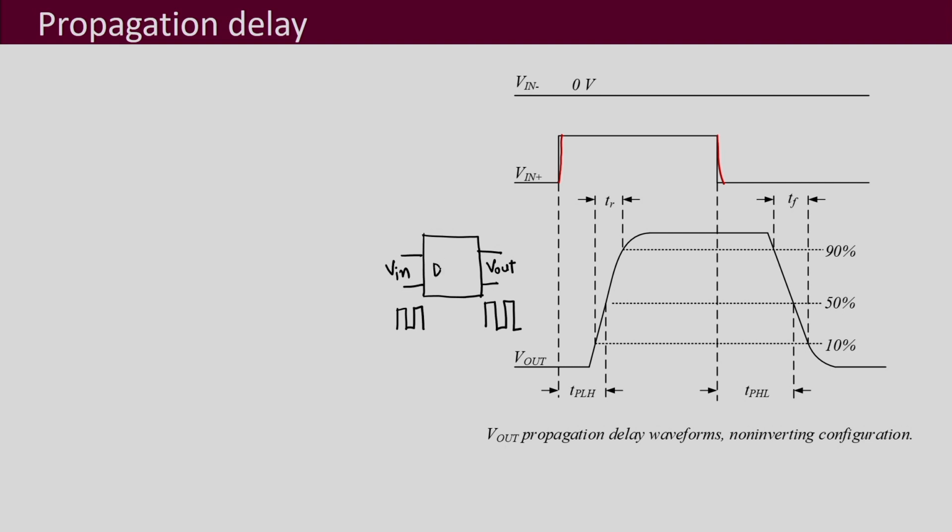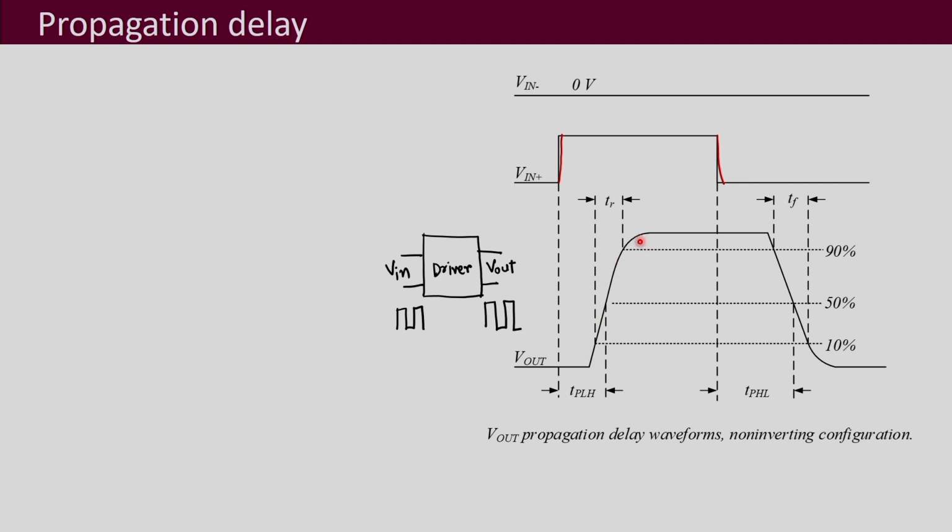So, this is your driver in between. What you will be having is your V out, where what you see is that there is a delay first. As it is becoming high, it does not become high immediately, there is a delay, and then after that there is a rise time.